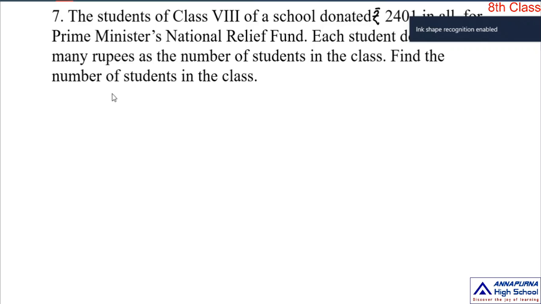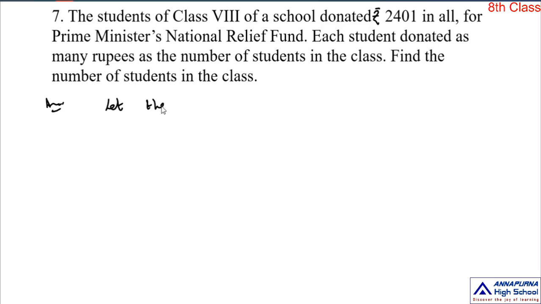Here what are the unknowns? The number of students in the class, and how much money each student donated. It is equal to the number of students in the class. So here the unknown is only the number of students. Generally we take that unknown as x, y, z. We can use any letter. Let's take that quantity as x. Let the number of students be x, then how much money does each student donate?